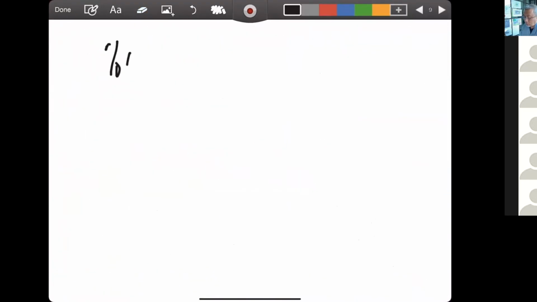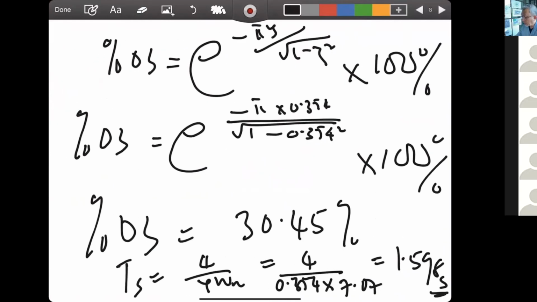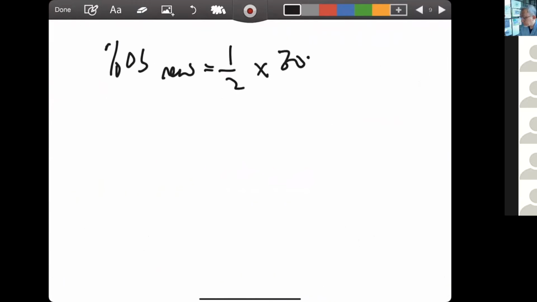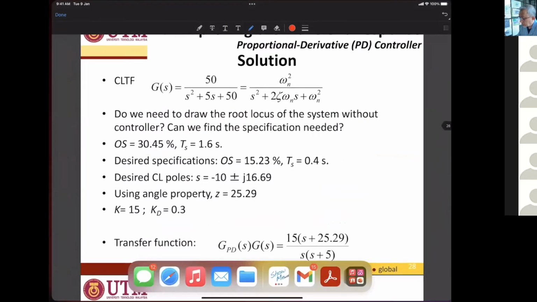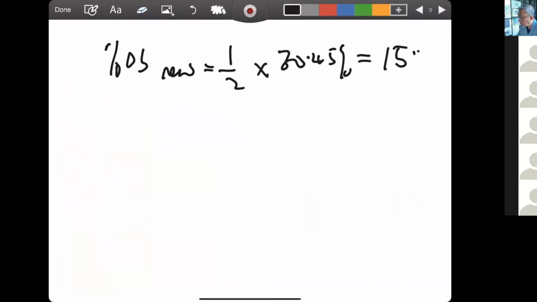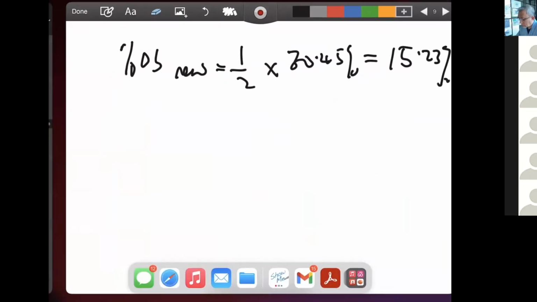So the new OS will be 1/2 multiplied by 30.45, which is berapa? 15.23. 15.225 lah, 15.23 lah, okey, boleh lah. Sesuai lah. Lebih kurang.